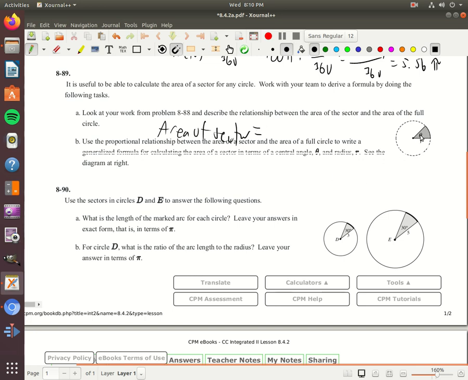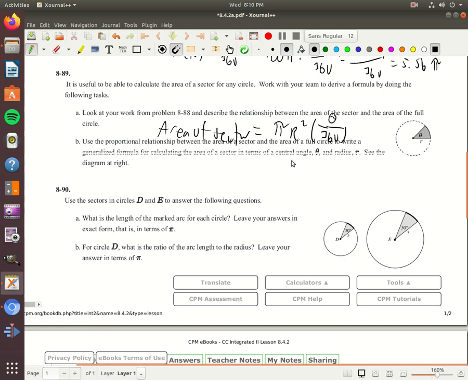and by the way, they want us to use theta, not x. And like we talked about, no problem. It is pi r squared times however much of the circle we have out of 360, right? That theta over 360. That looks like a mess, so let's clean that up a little bit at least. Theta over 360.